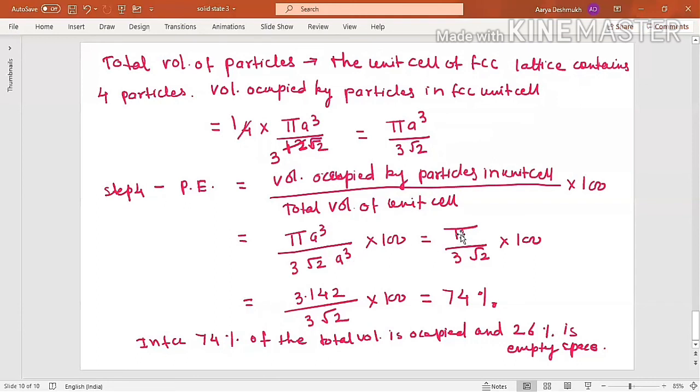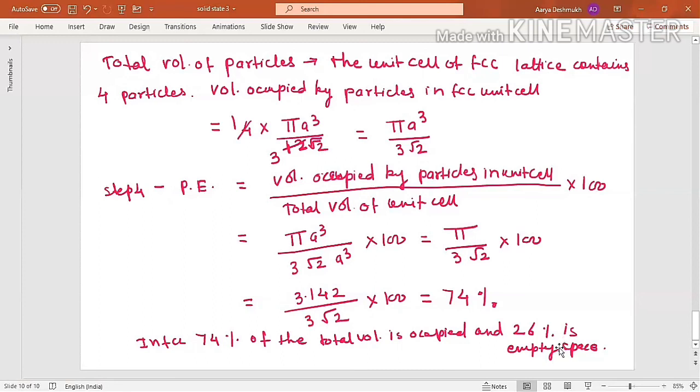Now further simplify, pi upon 3 into root 2. So cancel out this a cube, and multiply by 100. So 3.142, the value for pi, divided by 3 into root 2, into 100. If you simplify this, the answer equals 74%. So in FCC, 74% of the total volume is occupied and 26% is the empty space.